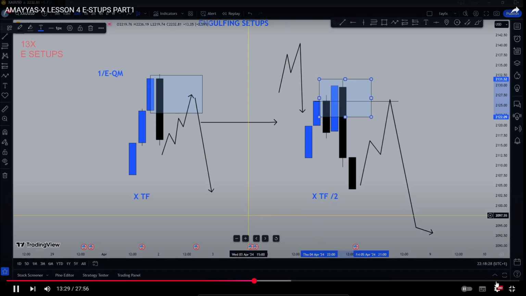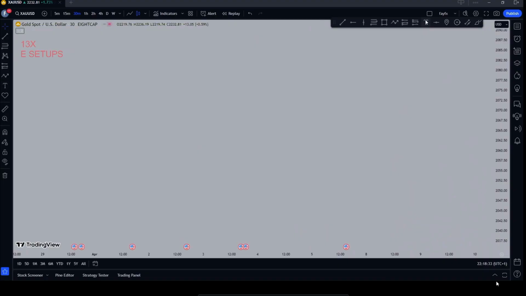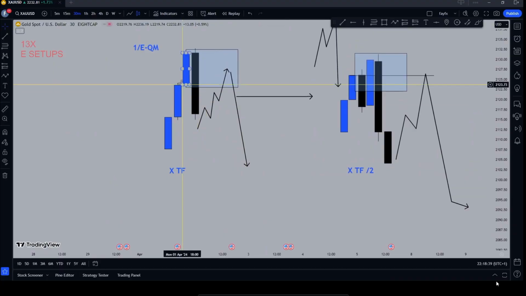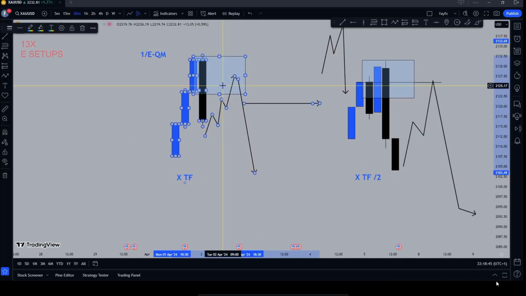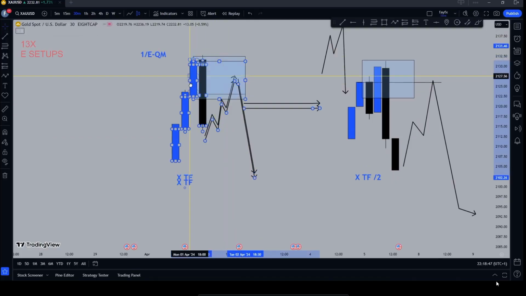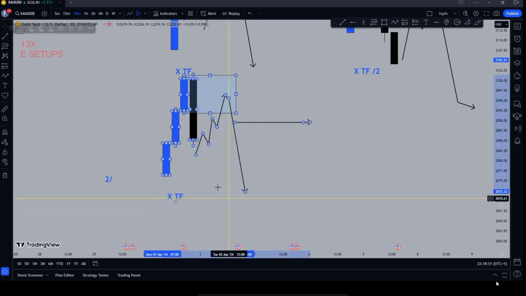Let's go for the second one. Second engulfing candle. Same example.